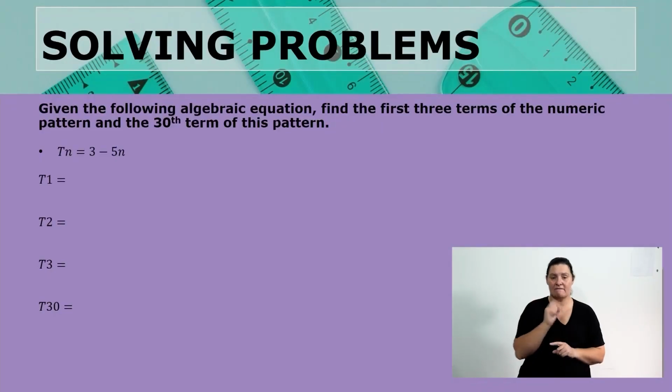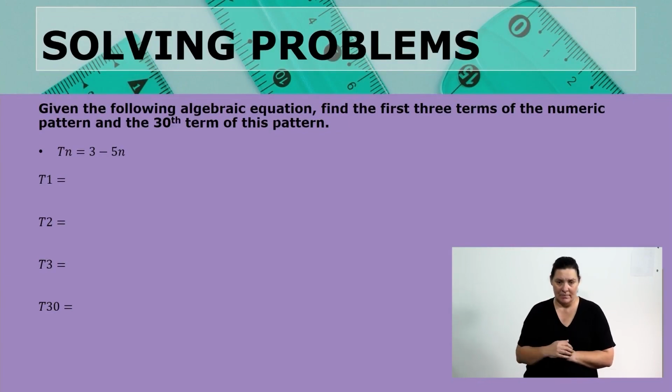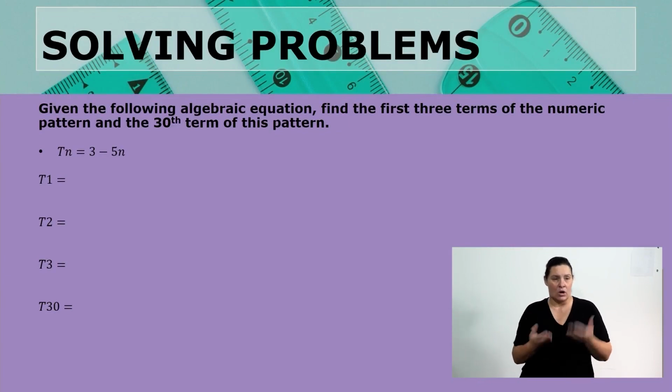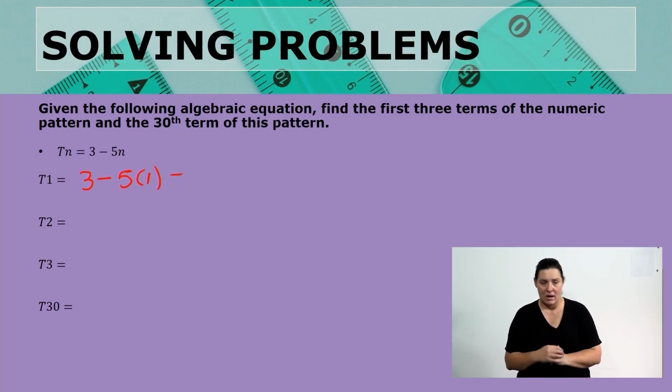Okay. Let's wrap up our lesson by looking at the following algebraic equation. And then we are going to first find the first 3 terms here, and then we are going to find the 30th term. So now we've been given the algebraic equation, and then we need to find the pattern. So the first term here is going to be, we are going to say 3 minus 5 multiplied by 1, because we are dealing with the first term.